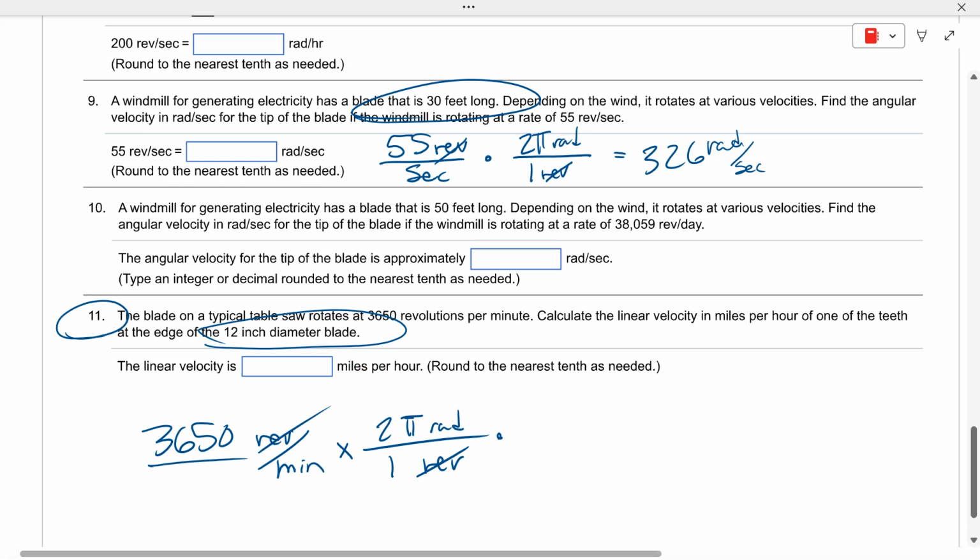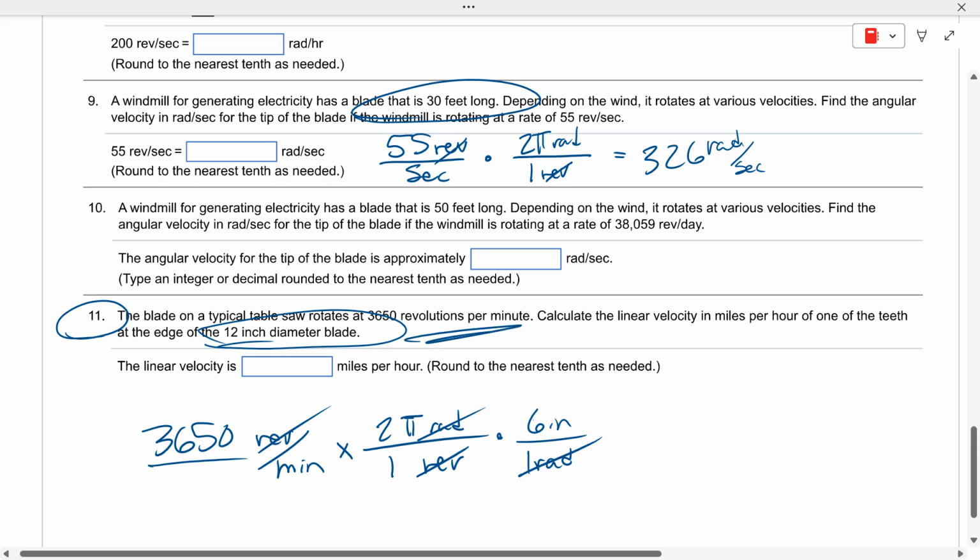So how do I change radians into miles? Well, radians deals with the what of the circle? Radius. Radians and radius are the same thing in this example. Okay? So what's the radius? Well, if it's a 12-inch diameter, it's a 6-inch radius. 6 inches per 1 radius. Radian, radius. Radians cancel. Now I have inches per minute.